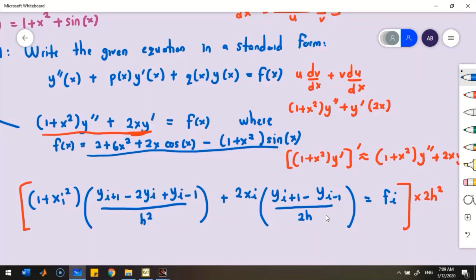So what do I get? (1 plus x_i squared)(y_{i+1} minus 2y_i plus y_{i-1}) plus, multiply. So first of all, this 2 and 2 cancel out. Now multiply with 2h squared. I have 2.